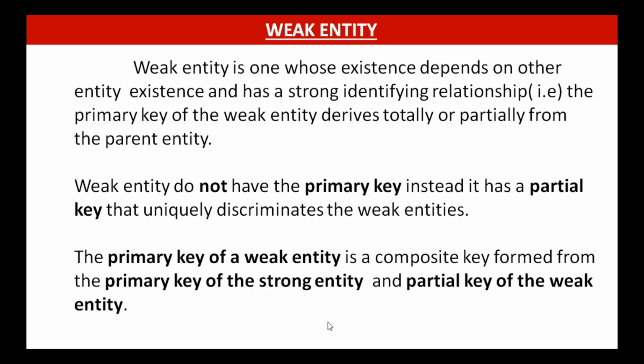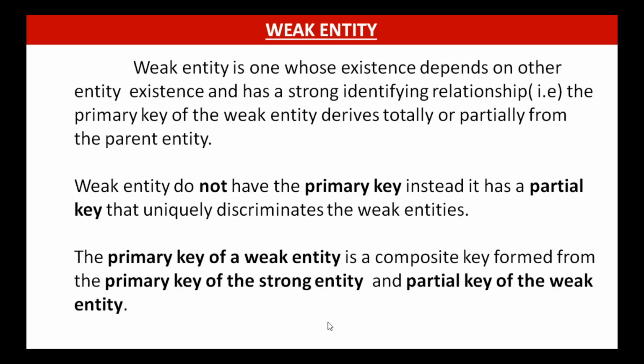Simply, a weak entity is an entity that does not have a primary key attribute. It contains a partial key, which helps in identifying a group of entities from the entity set. What we have said is that every table should have a primary key to identify each and every row uniquely.